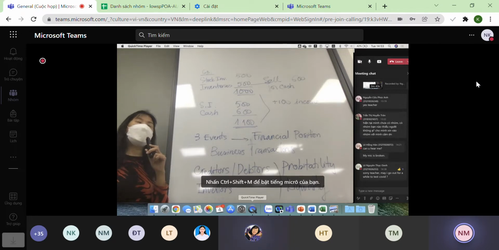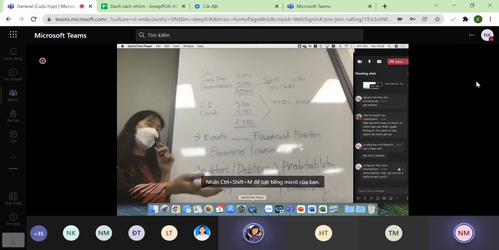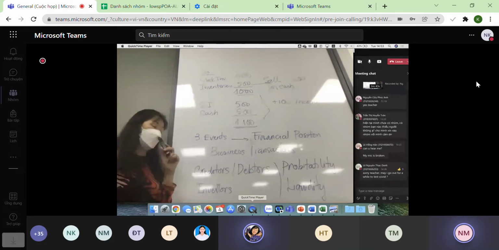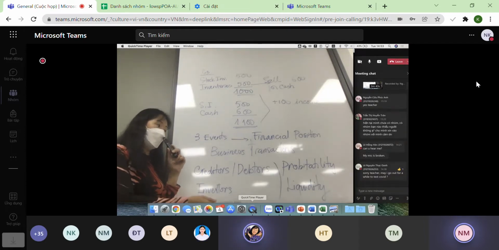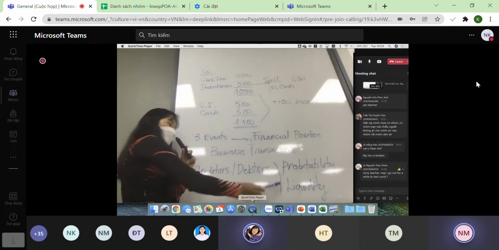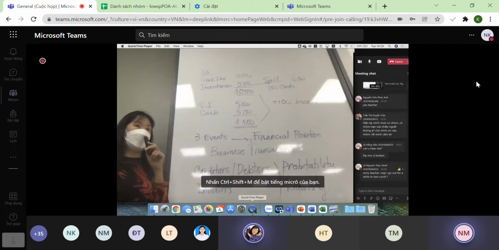So say it again. If managers choose plan A, that means managers will decide to borrow more money from the bank or from the creditors to raise funds. So they have the potential activity that provides information to prove the profitability or the liquidity of the company.